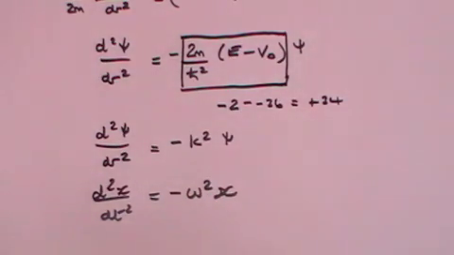That is, acceleration is equal to minus omega squared times displacement. But the key thing about this is that the acceleration is always in the opposite direction to the displacement by virtue of this minus sign here. If the displacement is in that direction, the acceleration's in this direction, and vice versa. So this is a restoring force.